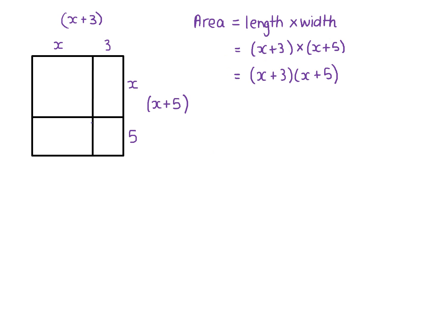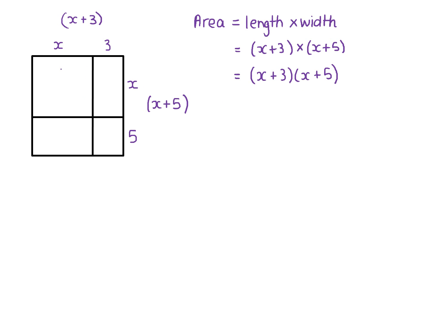Now the trick in doing this is to realise that the area of that entire big shape is split up into 4 little squares or rectangles, and this entire area here has got to be the same as what would happen if I did those 4 little pieces together. So if I work out the area of those 4 pieces, that should tell me the area of the whole shape.